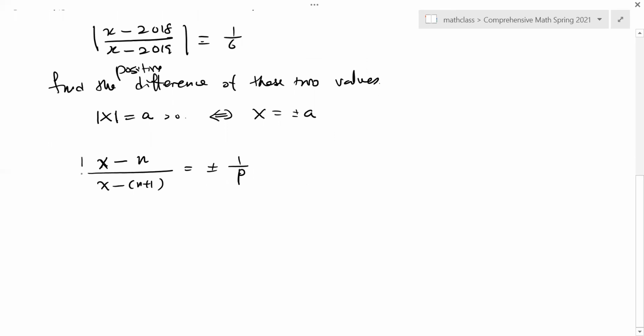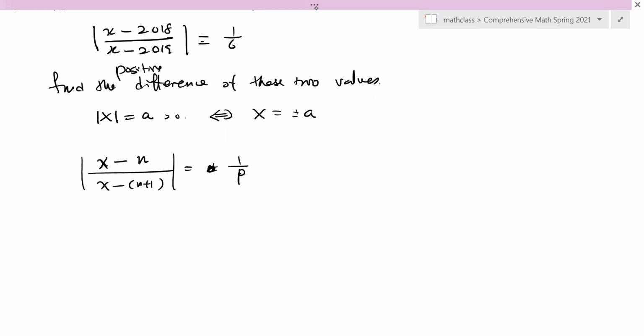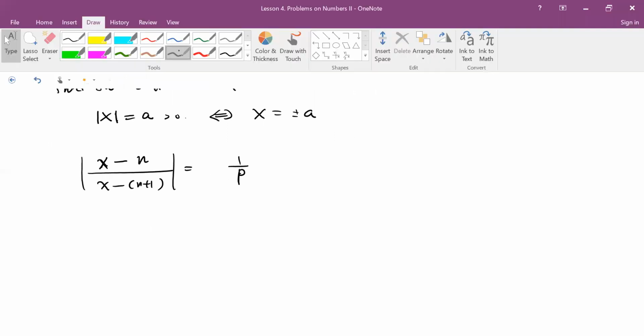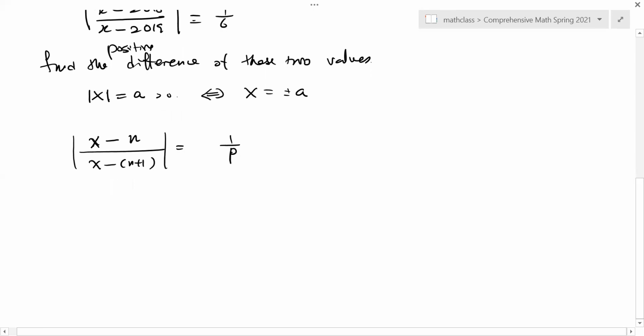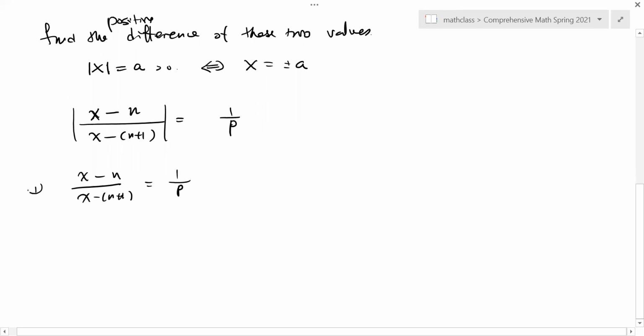If I put the absolute value here, then this is always positive, and this is equivalent to the following equation for x1. Okay, let's solve this first. So this is the first equation.